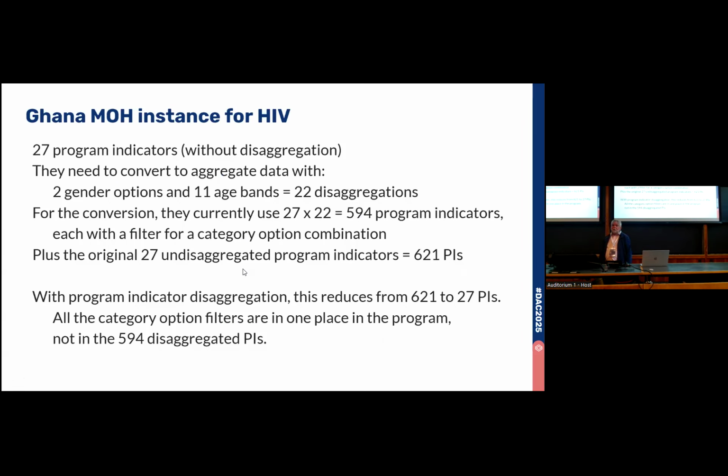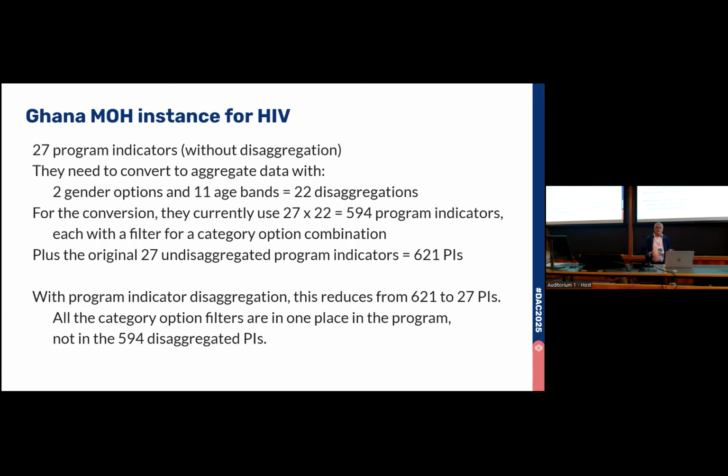There we go. So in a moment, Oswald's going to come up and share results from the first use of this that I know of for real-world data in Ghana on their HIV system running DHIS2. They have 27 program indicators. That's before you start all the disaggregating. They need to transfer these into aggregate data with 2 gender options and 11 age bands, so that's 22 total disaggregations.